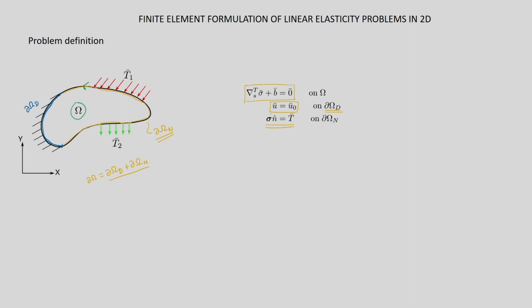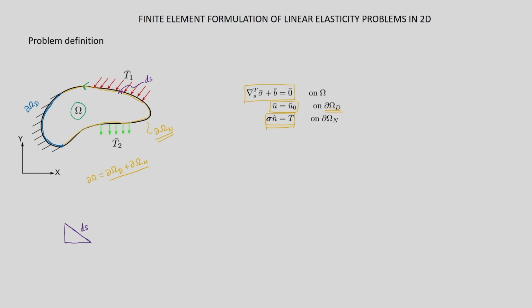So, what is this expression? Let me elaborate. If we take a very small element along this boundary, say of length ds, and if I exaggerate it here, this length is ds.